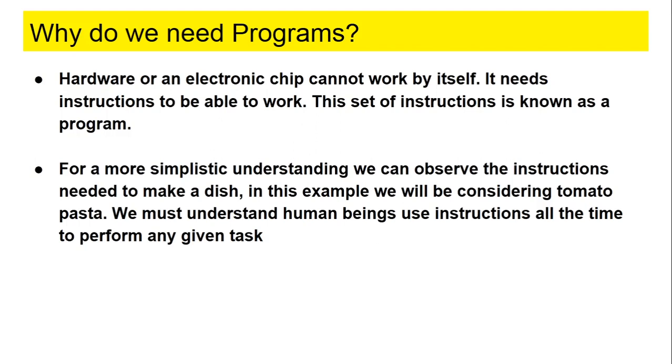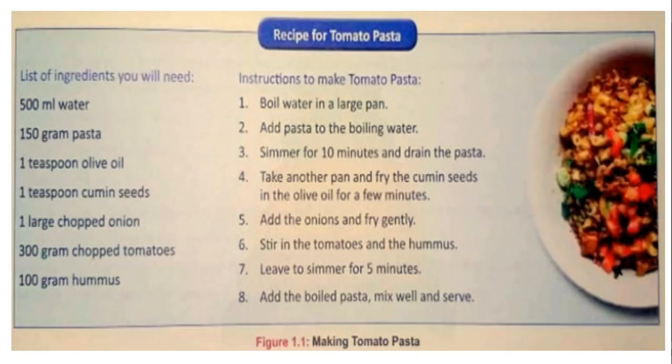For a more simplistic understanding, we can observe the instructions needed to make a dish. The example given in your book is tomato pasta. We must understand human beings use instructions all the time to perform any given task. So, this is the recipe for tomato pasta.